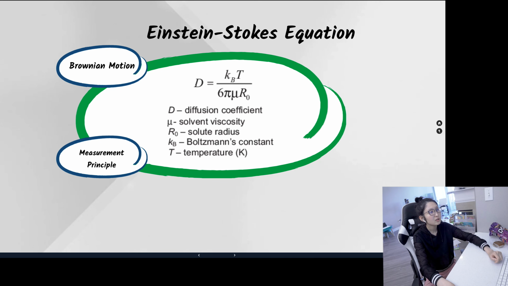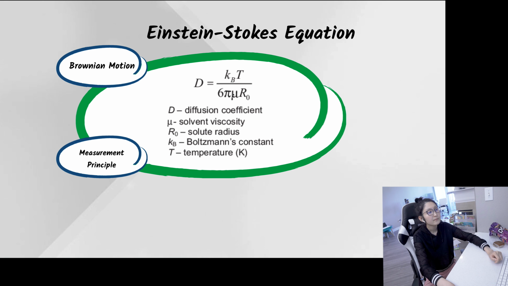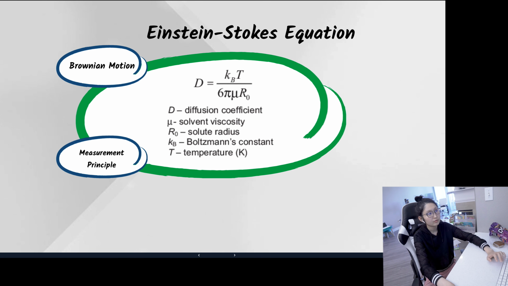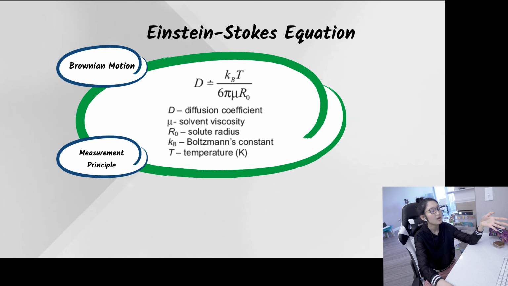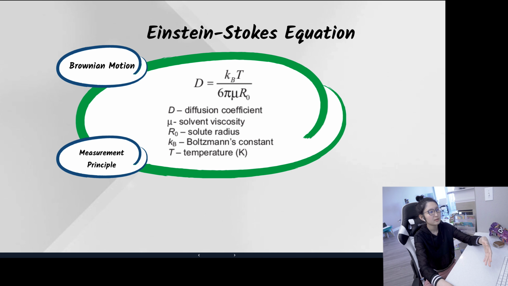So the diffusion coefficient of this particle is this equation. Kb and 6 pi are constants. T is the temperature, mu is the solvent viscosity, R is the size of the particle, the radius. If we fix the temperature and we know the solvent viscosity, then by measuring the diffusion coefficient, like how fast or slow the particle diffuses, we measure the particle size.